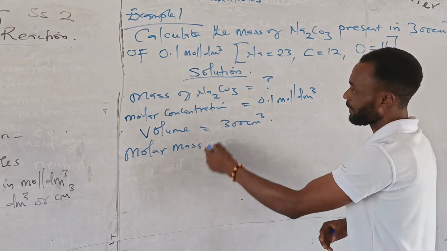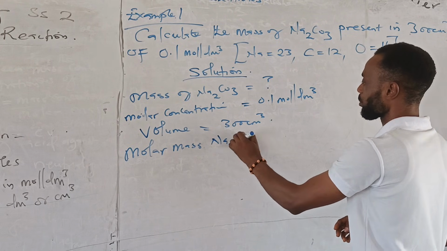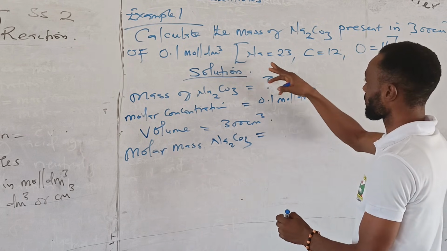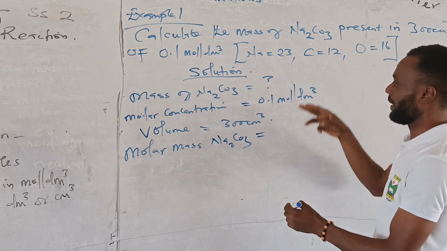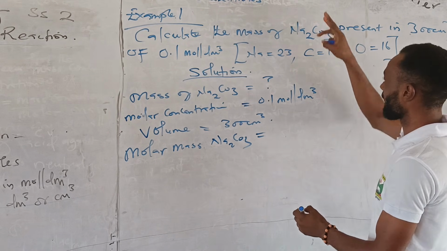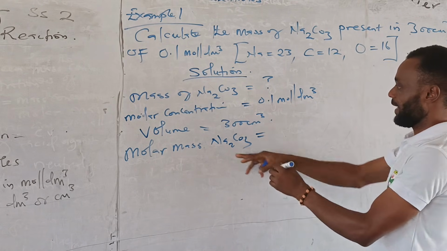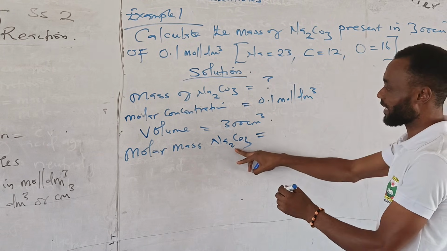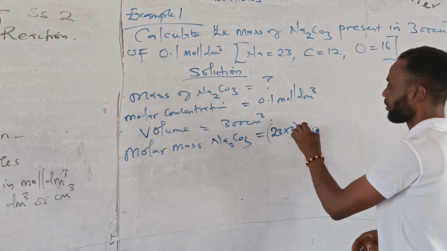The compound is sodium carbonate, and for us to get its molar mass, we sum the mass numbers of each of the elements present in the entire compound. That will give us the molar mass. So we have Na2. Sodium is given as 23, but there are 2 atoms, so you multiply 23 by 2.